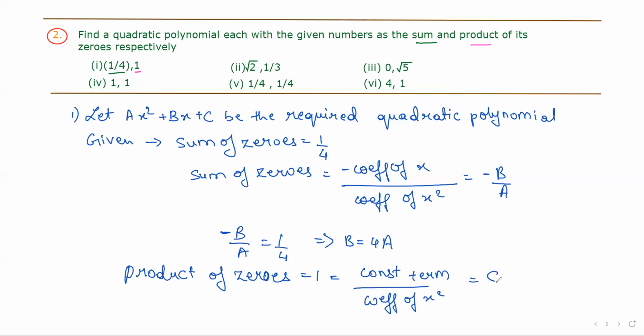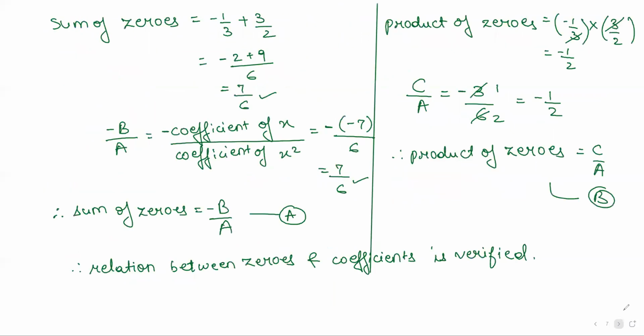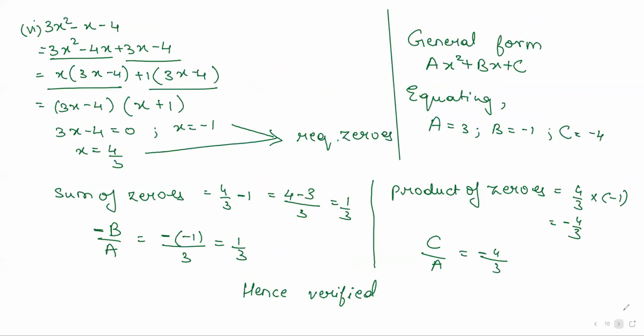So this is c upon a. It's given that c upon a is equal to 1 and b is equal to 4a. Therefore, c is equal to a. If a is equal to 1, then b will be equal to 4 and c will be equal to 1.